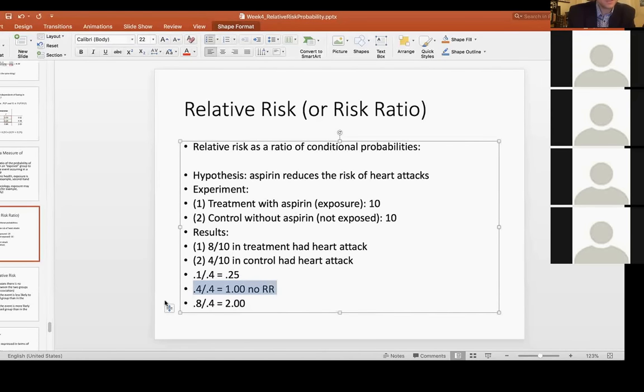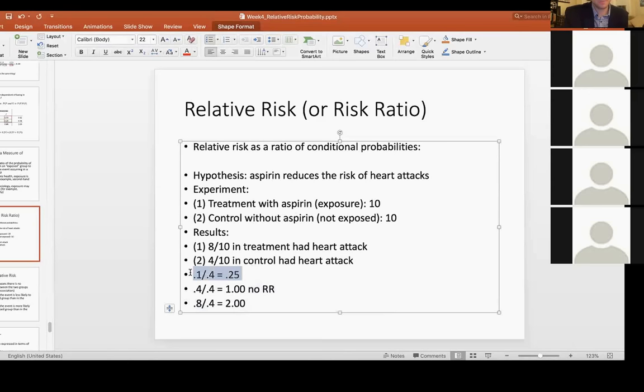Here, you're saying there's a reduced effect. So there's a bit of an asymmetry, because this number here can go as high as you want, really. You can have a relative risk of an adverse event to be 10, but the lowest that the risk reduction can be is 0. You can't have anything lower than 0.